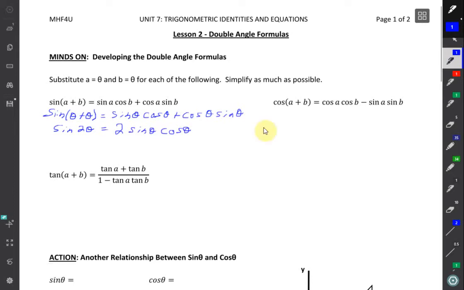Looking at the cos compound angle formula, cos theta plus theta equals cos theta cos theta minus sine theta sine theta.